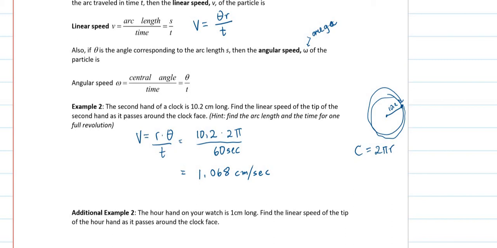Make sure you include a unit. And since we're talking about speed, units for speed are always going to be distance divided by time. The distance part is the centimeters, and the time part is the seconds.